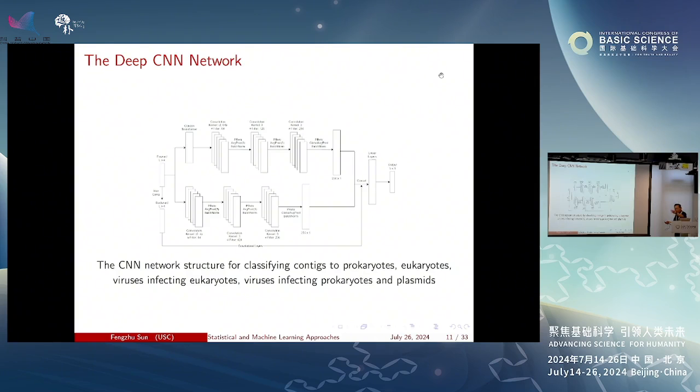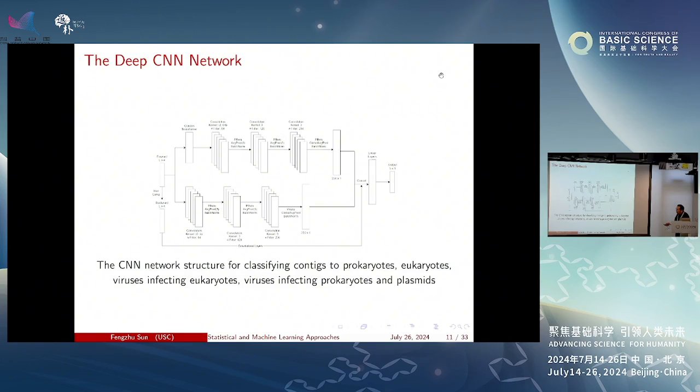That is just the reading frame, 3 letters, because when we predict viral sequences, protein information can be very important. So we used amino acid encoding too. The framework is not that complicated.